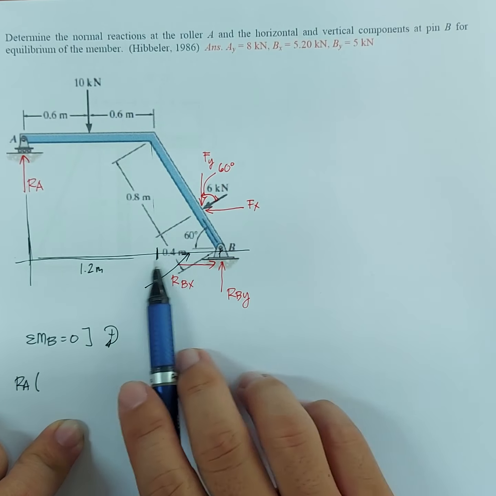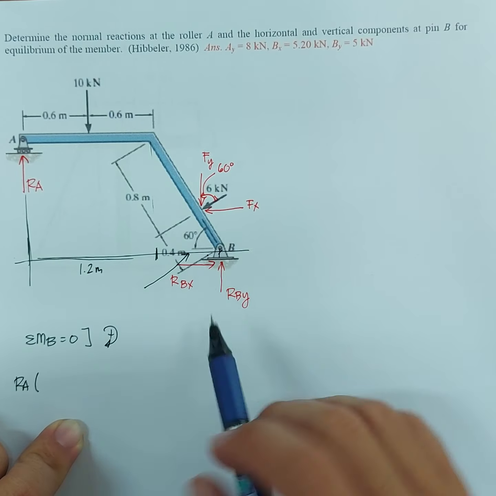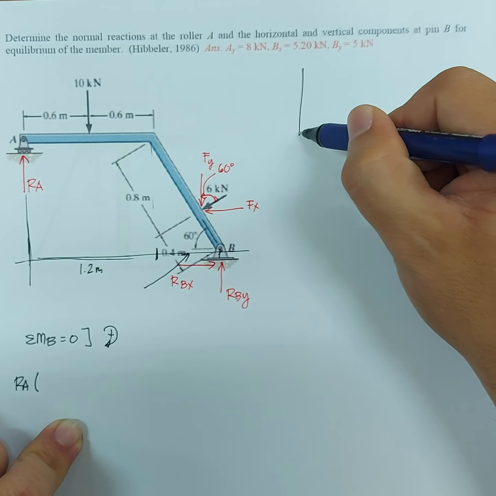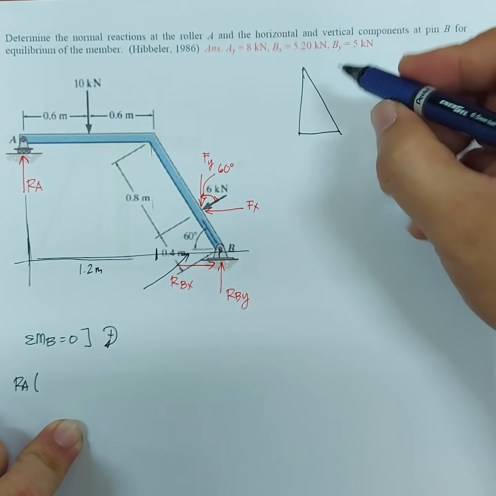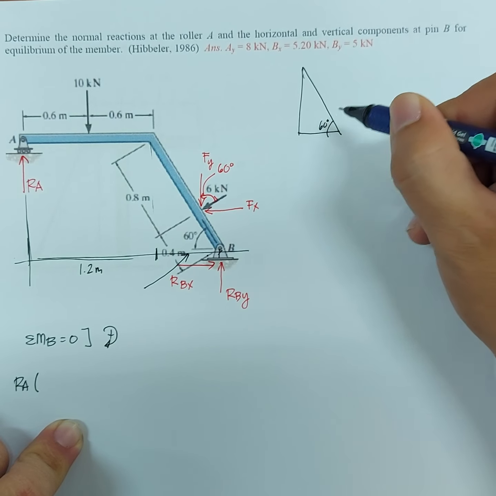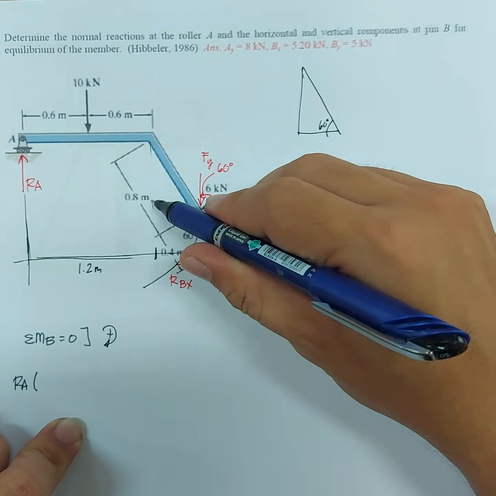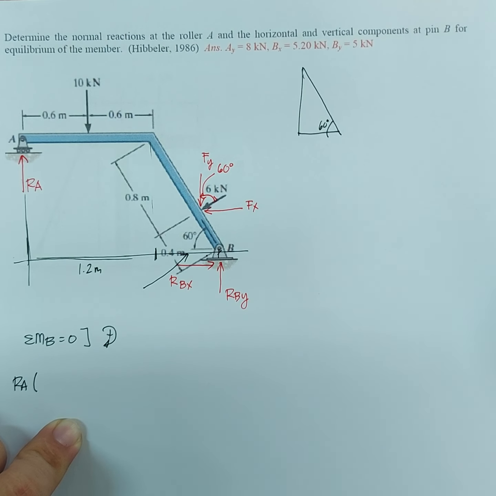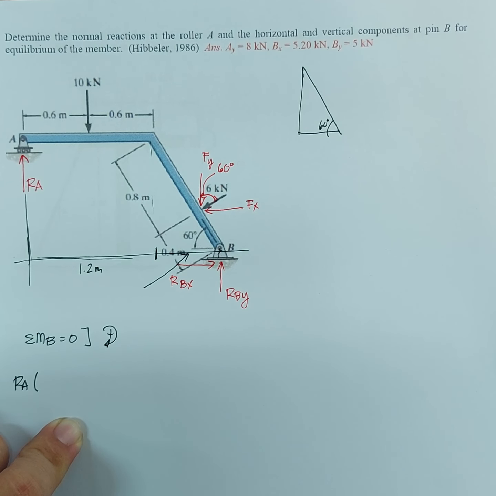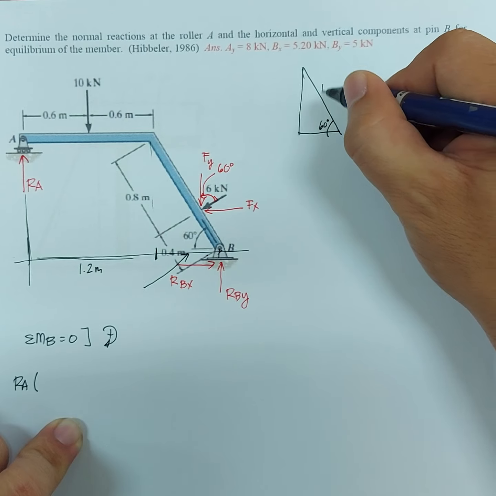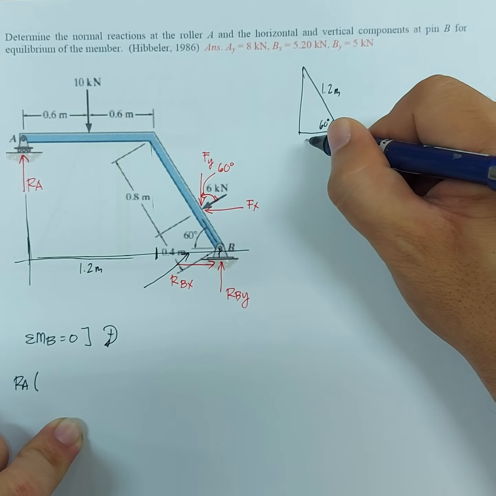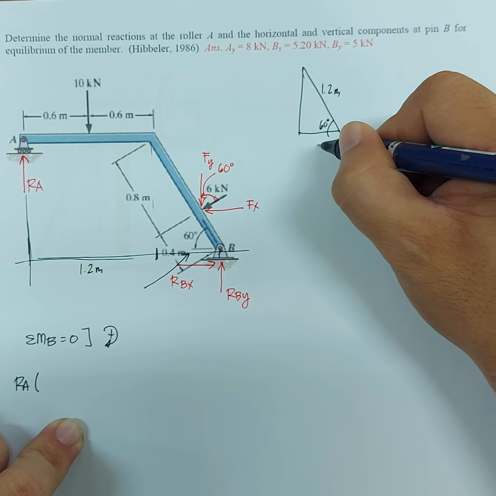So adjacent side ito, given yung adjacent side natin, so you can imagine yung triangle. So we draw natin. So this is 60 degrees. Ito, we are dealing with this triangle. And this is 0.8 plus 0.4, that is 1.2 meters, and we are solving for this side of the triangle.